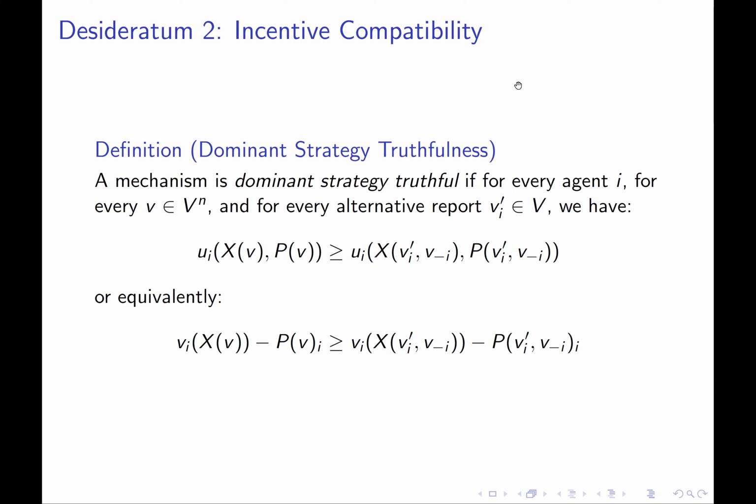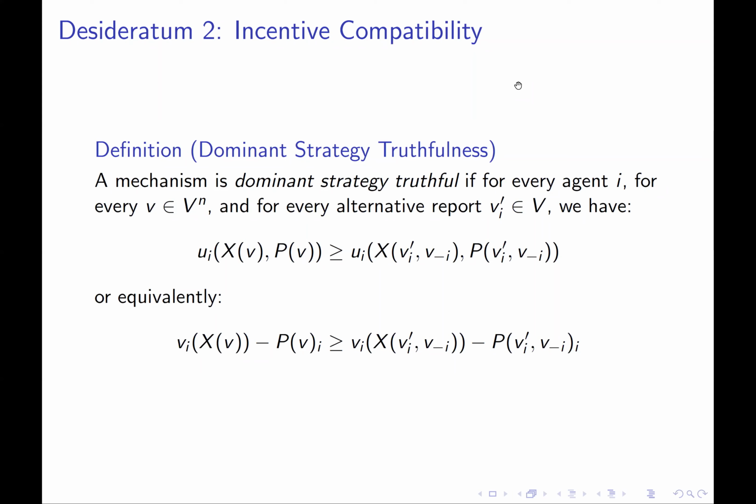So just writing that out in math, what we're asking for is that for every player and for every vector of valuations that everyone else reports, and for every alternative valuation v_i prime that you might consider misreporting, your utility for truthfully reporting your valuation should only be higher than your utility for misreporting.